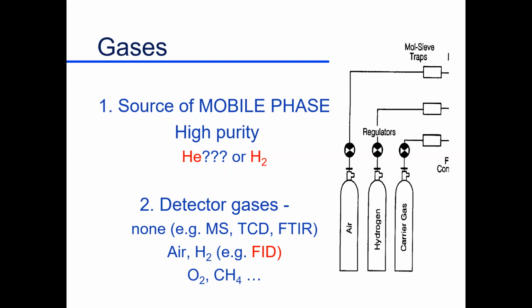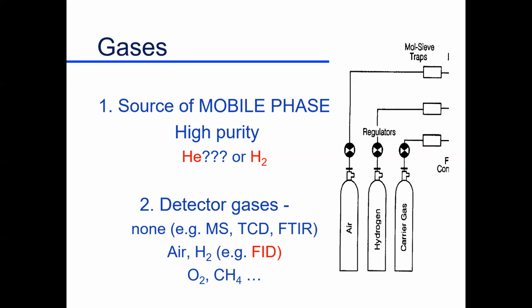And of course, we need the gases over here. So we need our air and hydrogen, as again, hydrogen shows up here. Carrier gas is in our flame ionization detector. So our detectors may require a special gas as well. And so the flame requires air and hydrogen.